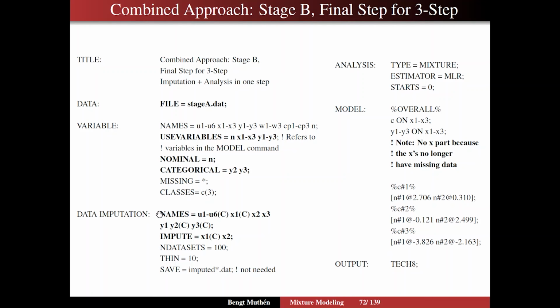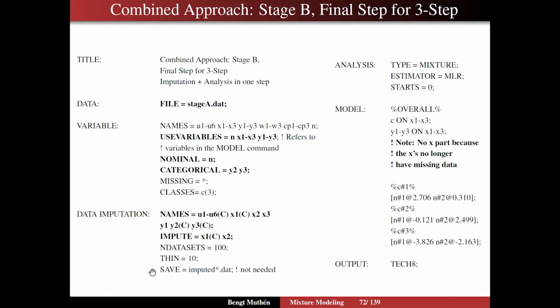Data imputation is, as we described it earlier: the names list shows all the variables that carry information used for the imputation, and imputation is only for x1 and x2, where x1 is binary. And we request 100 data sets, and in this case thinning is only 10 as opposed to 100 before.